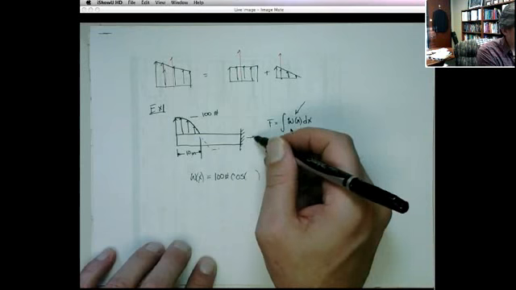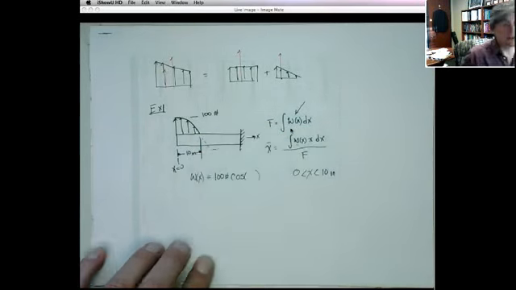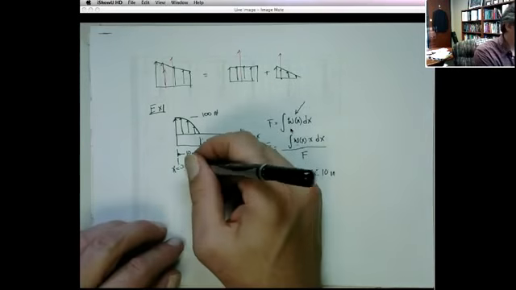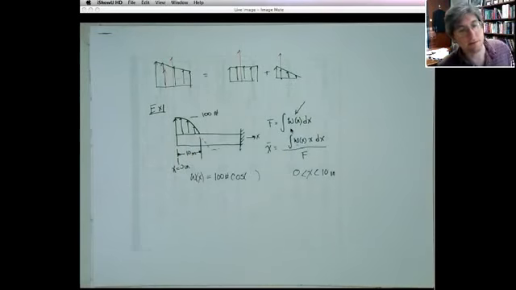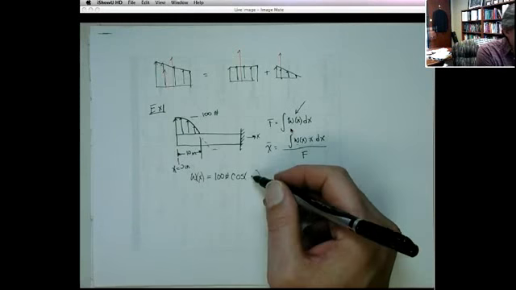So this is the x direction, and this is x equals 0 inches. So it's going to be something times x.